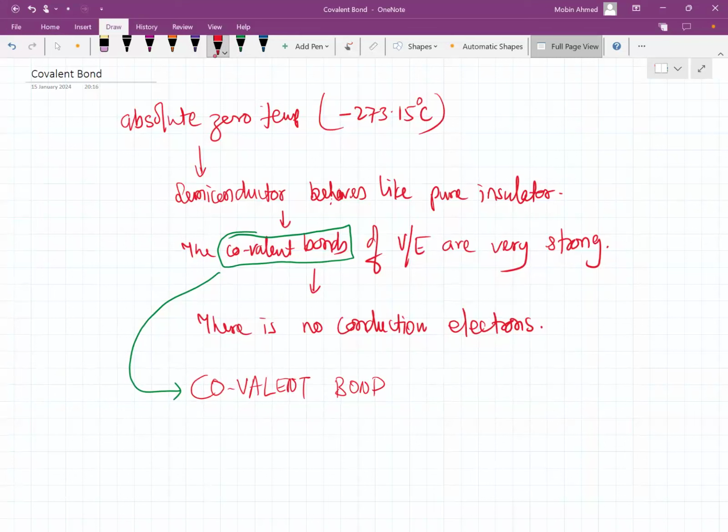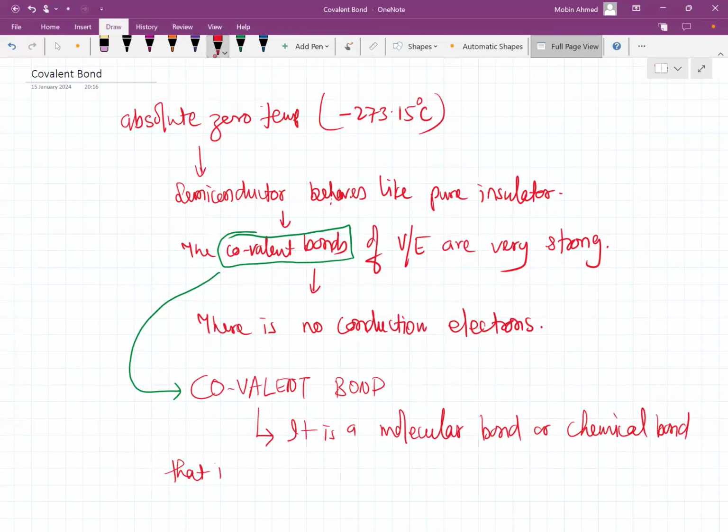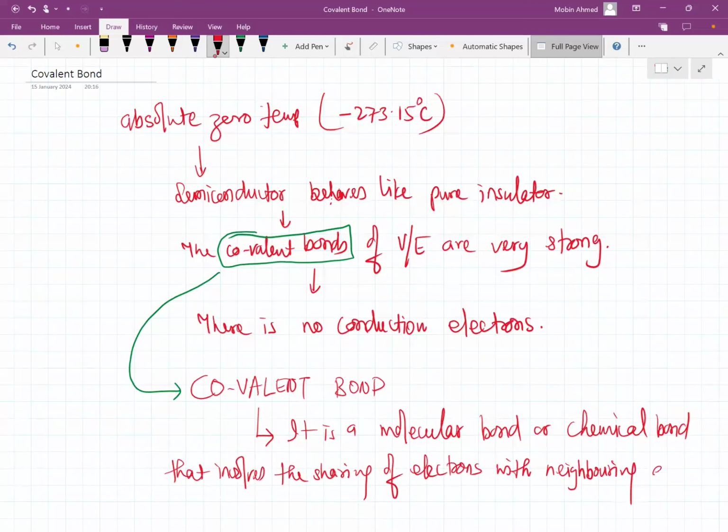So basically covalent bond means it is a molecular bond or chemical bond that involves the sharing of electrons with neighbor atoms.